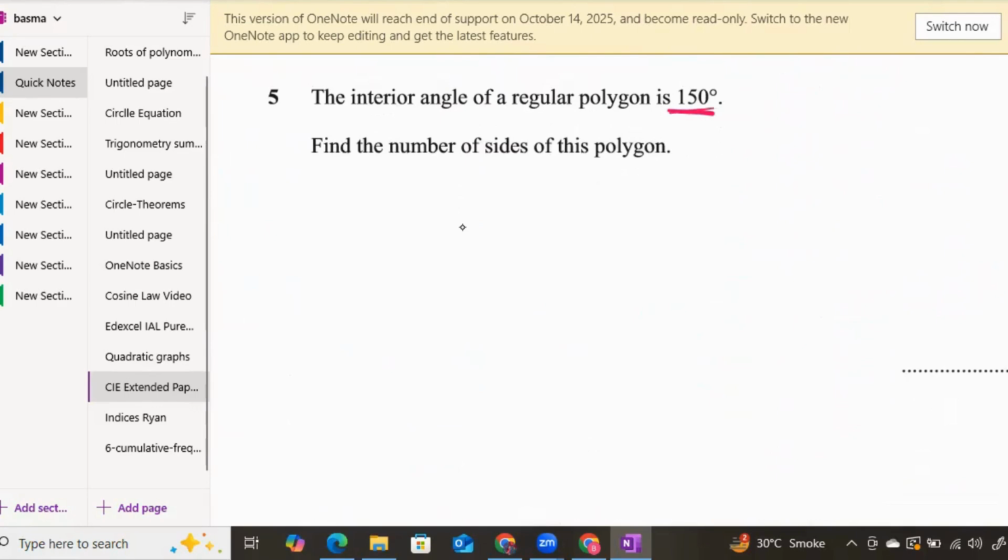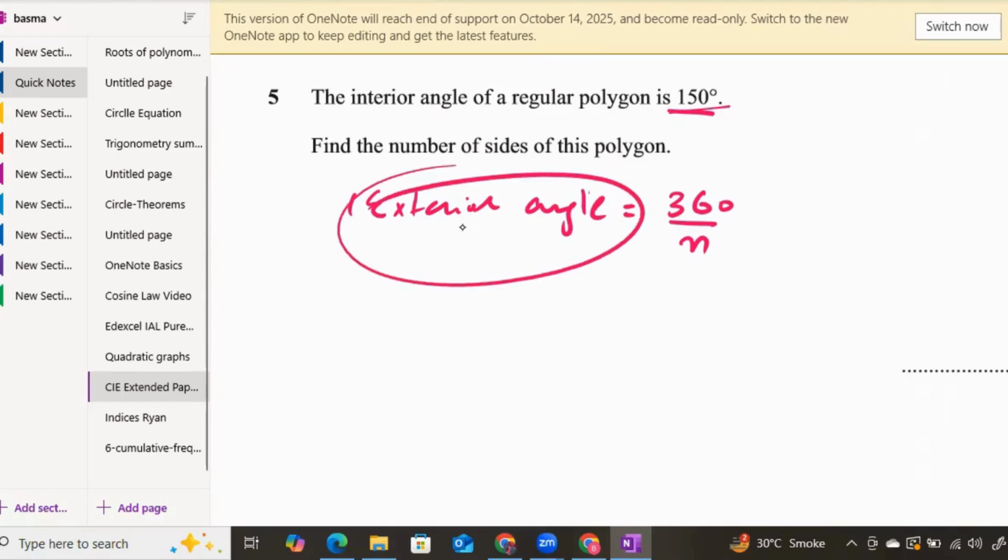Whenever they give you one interior angle and want you to find the number of sides, you should know that one exterior angle of a polygon is 360 divided by the number of sides. We need to get the one exterior angle so that we can substitute its value and get the n.